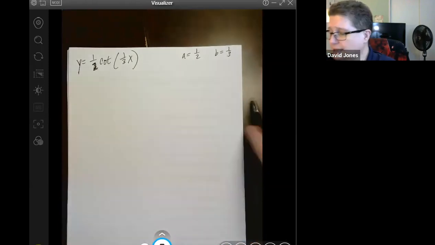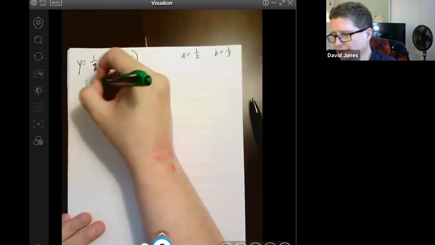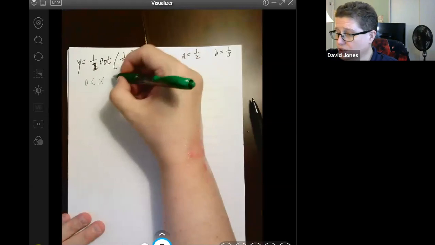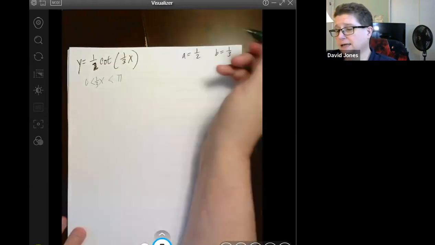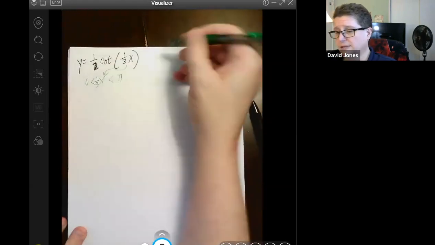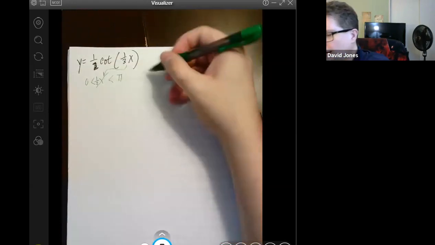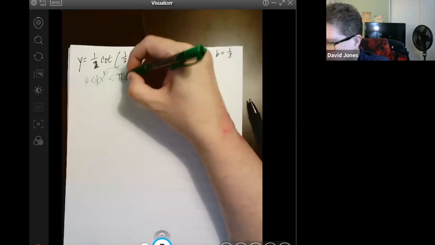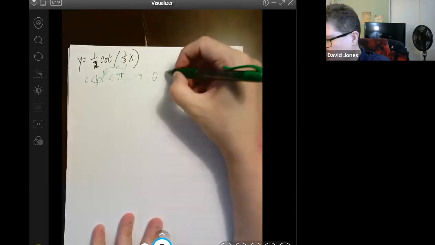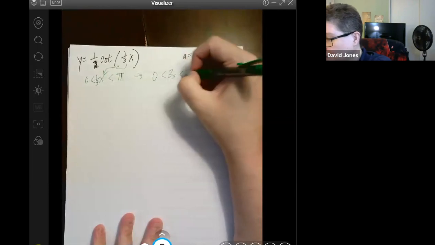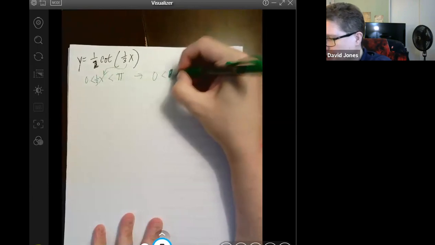I had 0 is less than x, which is less than pi. I'll put my 1/3 in. That's one set of the domains, one period. We multiply by 3 and we get 0 is less than x is less than 3 pi.